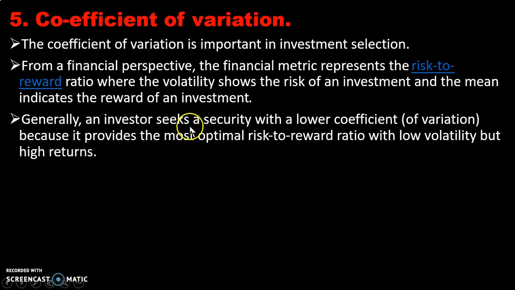Generally, an investor seeks a security with a lower coefficient of variation because it provides the most optimal risk to reward ratio, with low volatility but high returns.